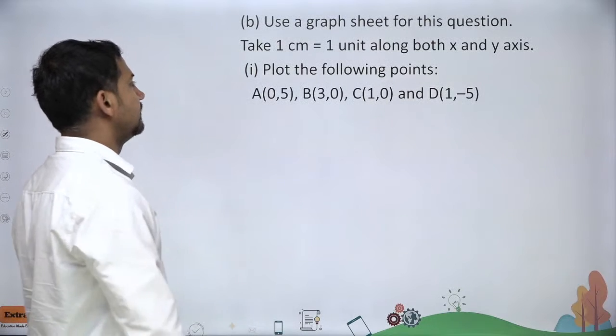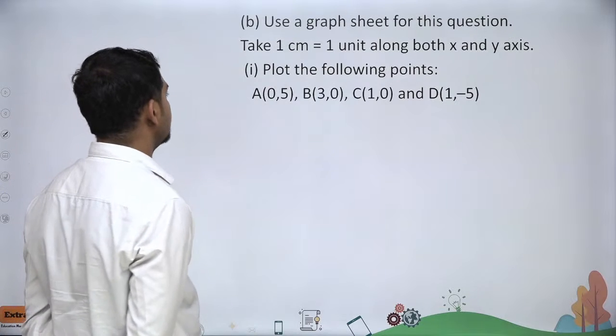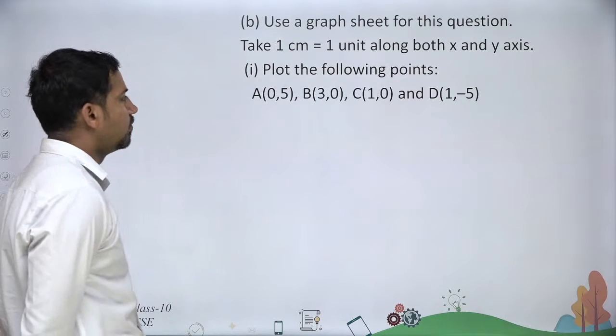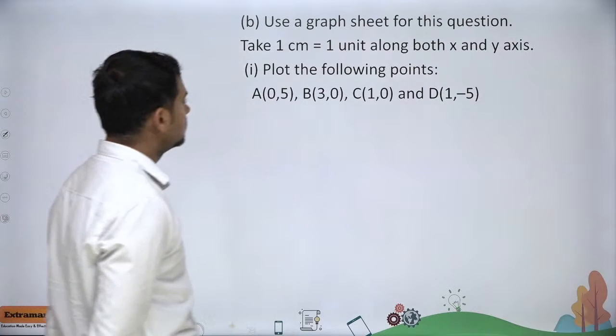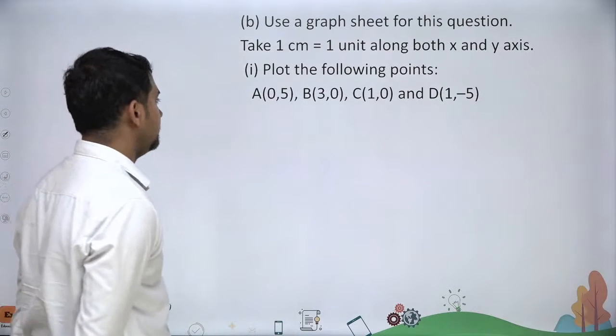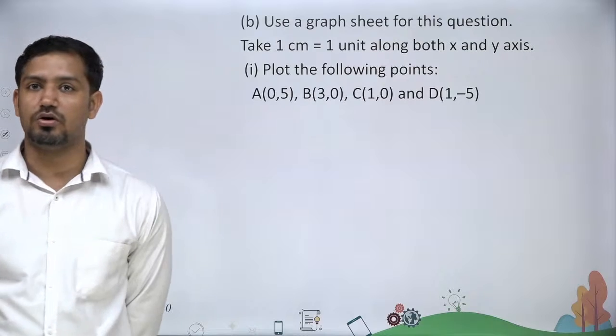Use a graph sheet for this equation. Take 1 centimeter and 1 unit along both x and y axis. Plot the following points A, B, C and D. We have to plot all these points.